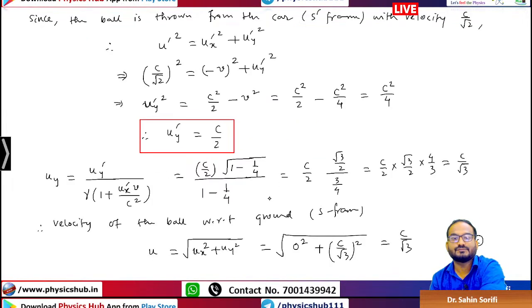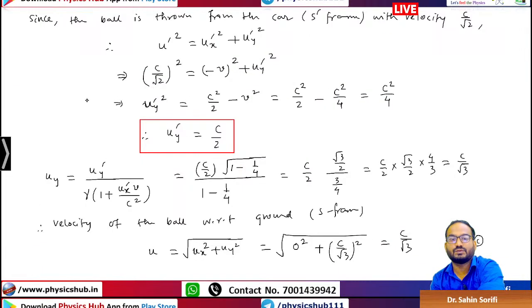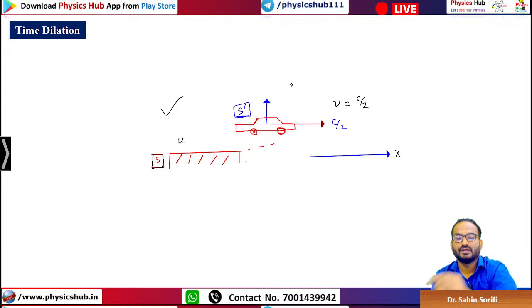Now a ball is thrown from the car with speed c by root 2. The ball has been thrown from the car, so the ball will have velocity u prime. U prime consists of ux prime and uy prime.